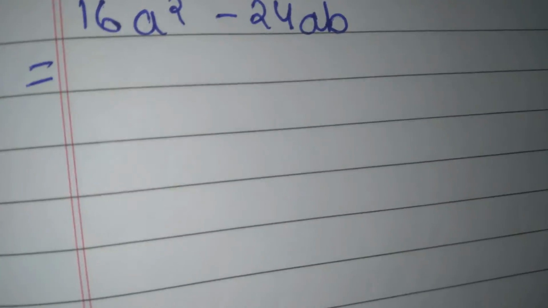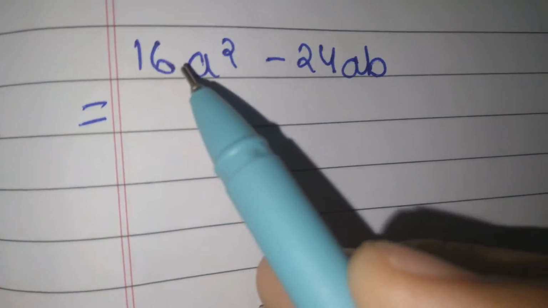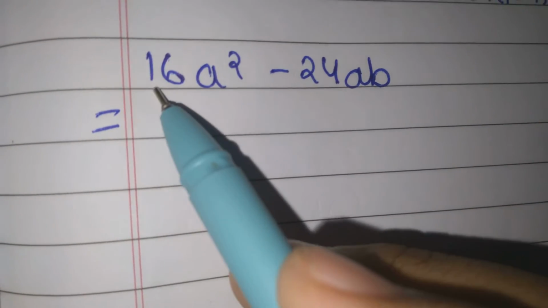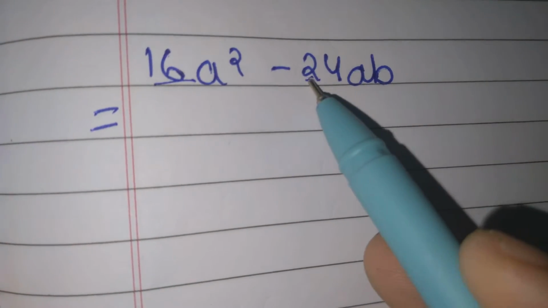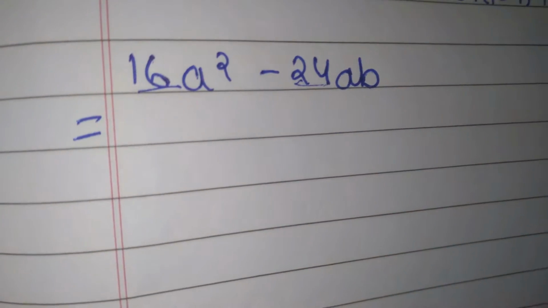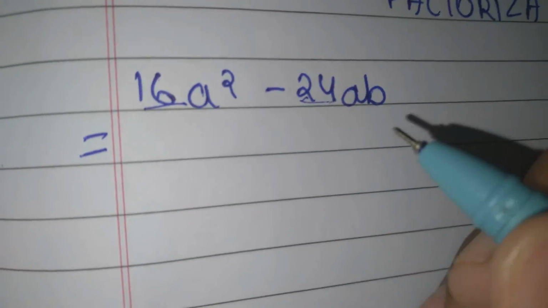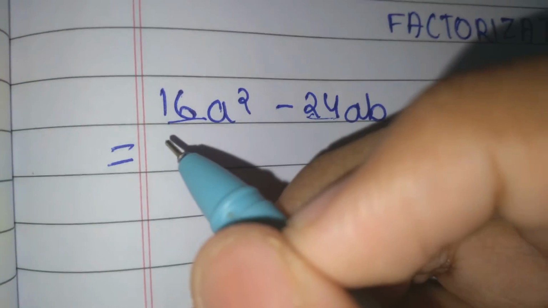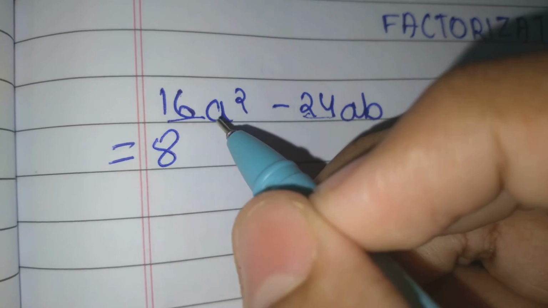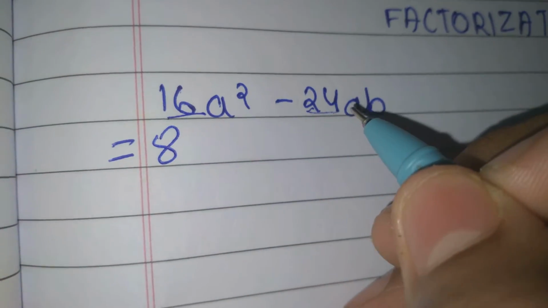So as previously we have learned, first take out the HCF of the constants, that is 16 and 24. First we will take 8 here. Then we can see 8 squared, and here AB.